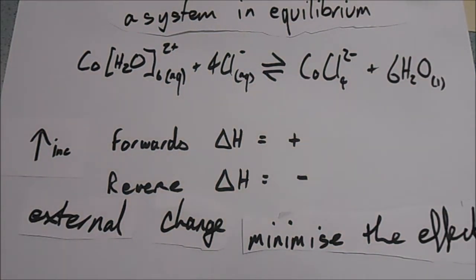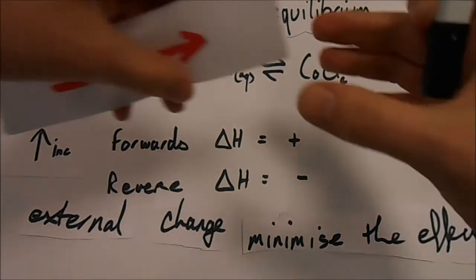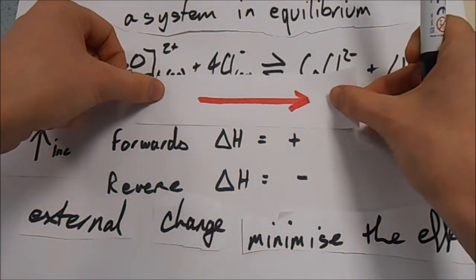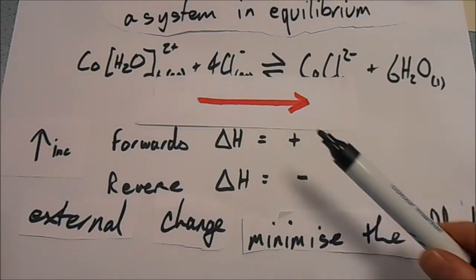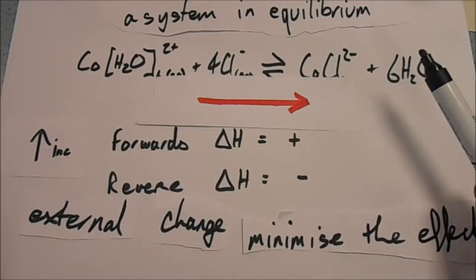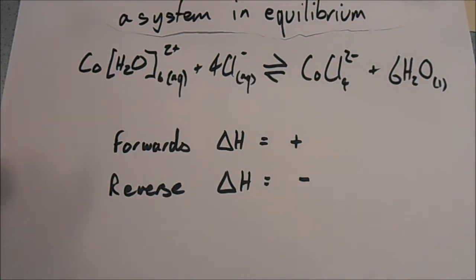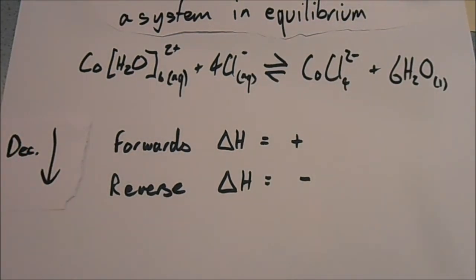Because we are increasing the temperature, the equilibrium will then try to decrease the temperature, which means that we are going to go with the endothermic reaction as heat energy is taken into the system. And so the equilibrium shifts with the endothermic reaction forwards.